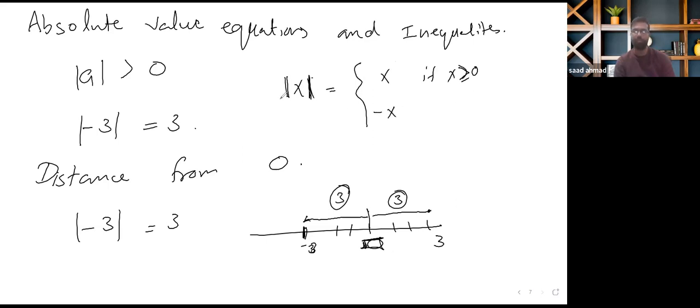But the absolute value converts it into -x if the values of x are less than 0. Let's say if we have -3, we will use this one. Negative times -3 will make it positive. But if we have +3, then we will use the above one. That will just leave it as positive.